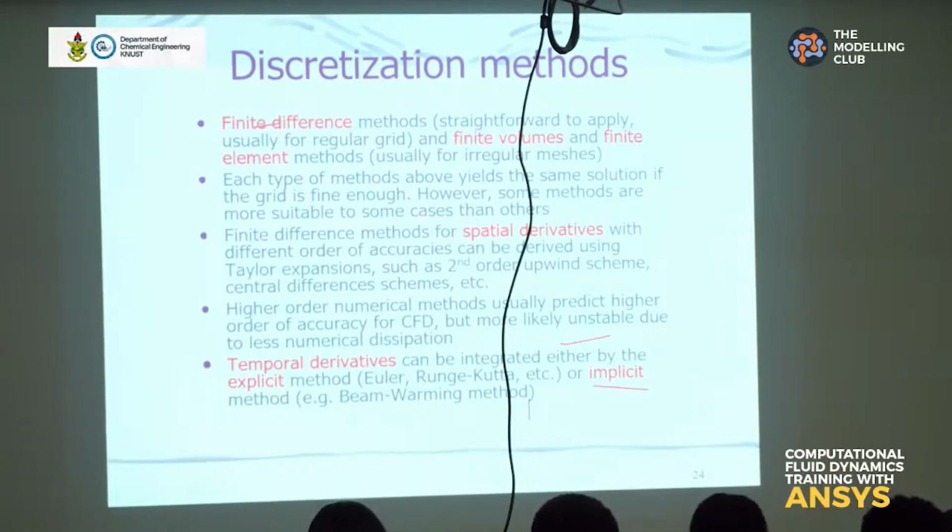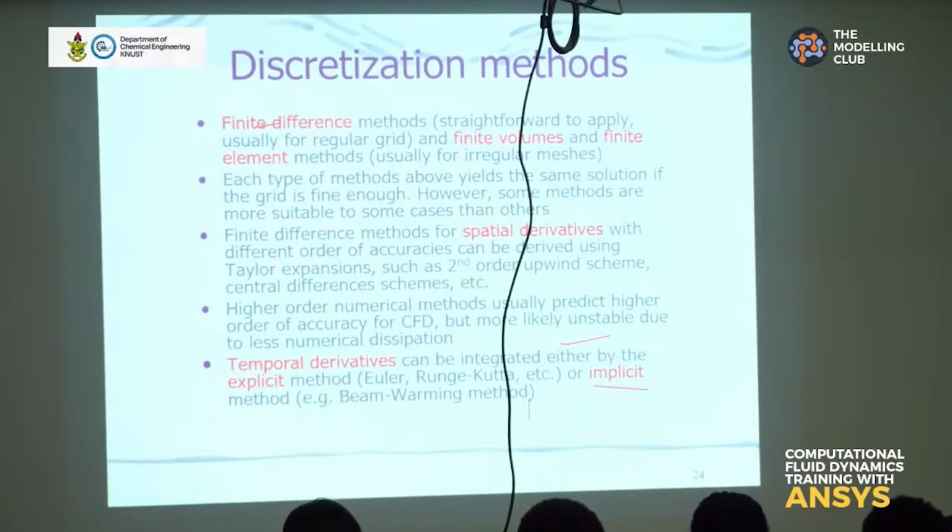In the limit as your delta x approaches 0, fine mesh, the limit as your delta y or your delta z approaches 0, that means the spatial discretization is very fine within the system. All these methods collapse to the same solution. You're going to get the same results. However, like I said, some methods are more suitable to some cases than others.